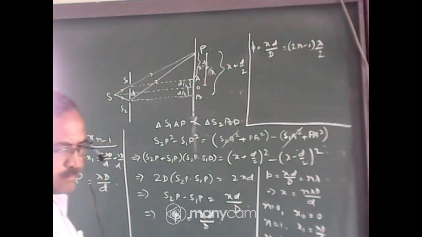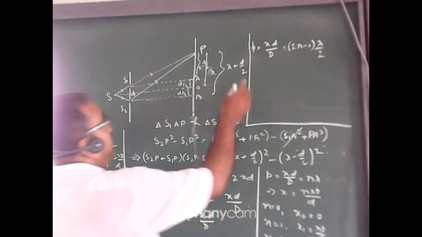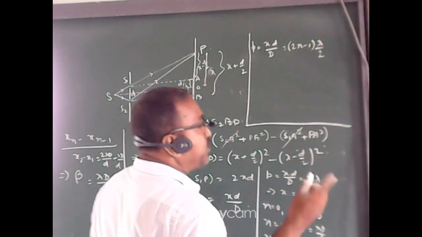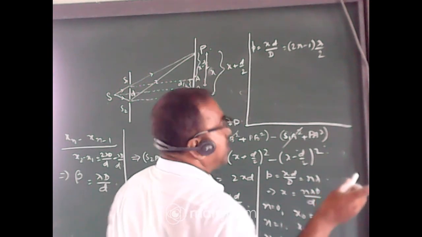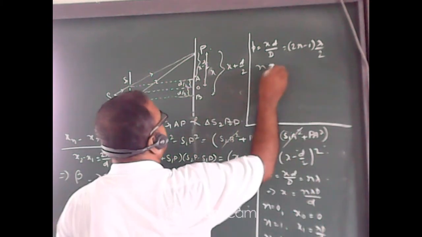You see it from your board. When n equals 1, 2, 3, 4, not 0, because 0 is the central maxima. So n equals 1.